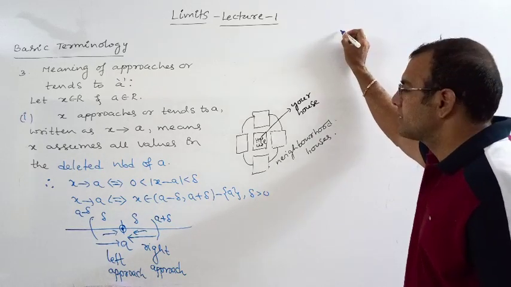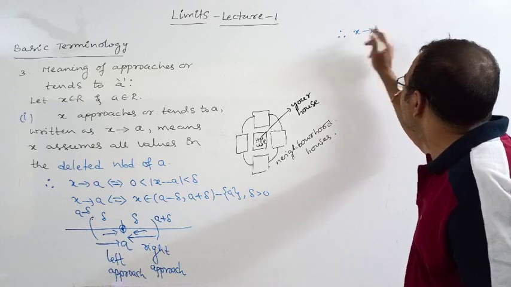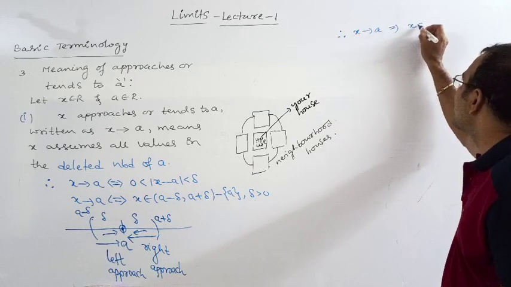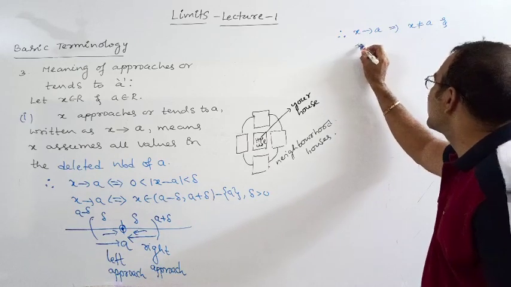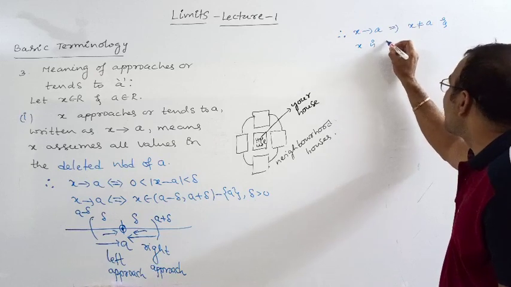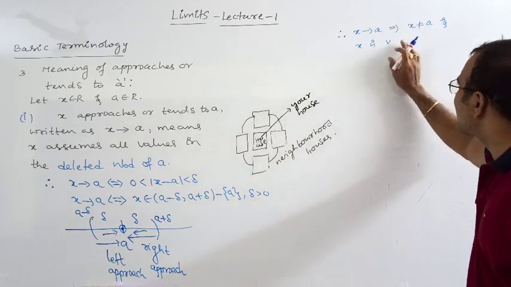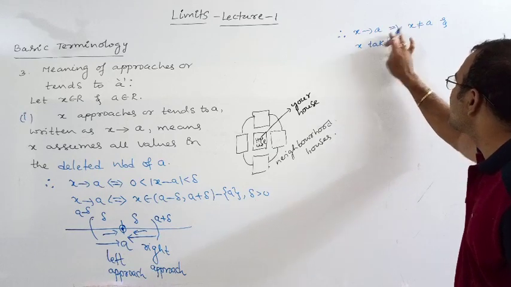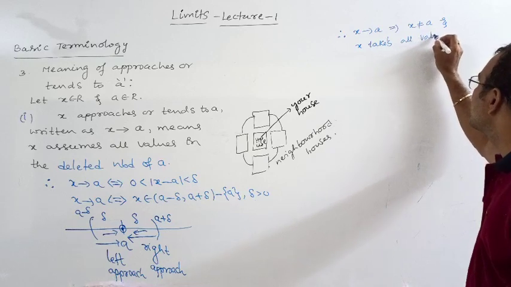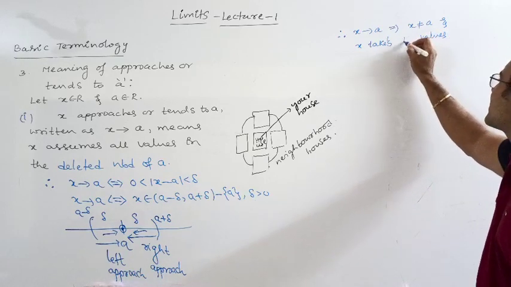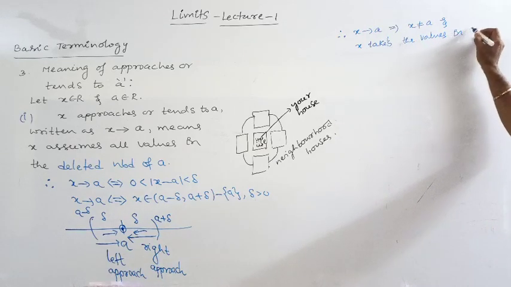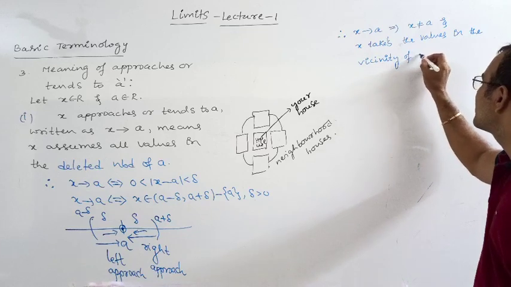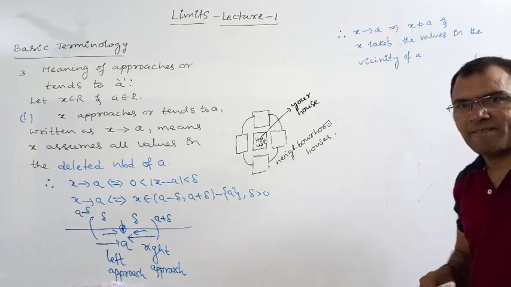So X tends to A implies X not equal to A, and X is very near to A. So X takes all values in the vicinity of A. I hope you are understanding. Okay, see.